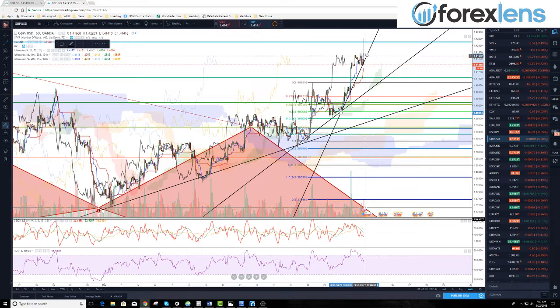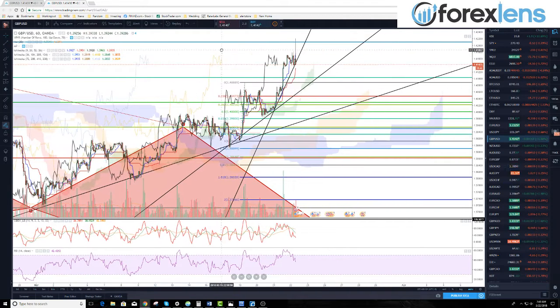This will correct. Parabolic corrective moves are like one of the 100% certainties that you can find in the markets. Okay, the closest thing to a 100% certainty that you're going to find in any market is a correction off of a parabolic move. Okay, that's what we're really looking at in the pound dollar here.